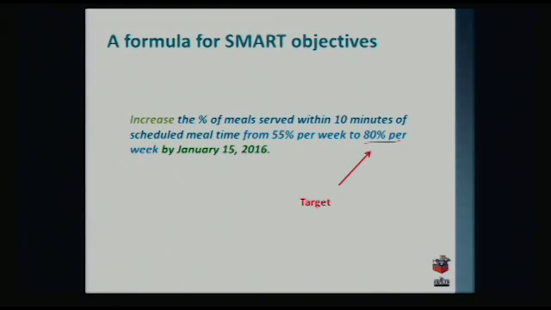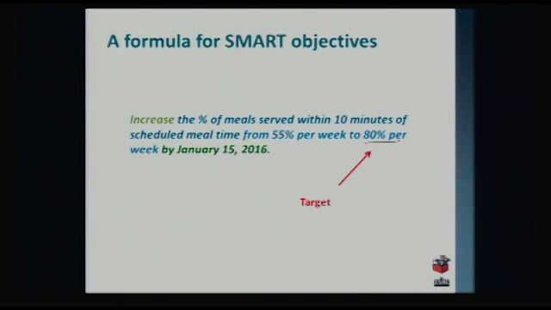And then the baseline. So where did you start? And if you didn't have a baseline, if you're developing new performance measures for your program, then you could use your current, or you could use your first measure. If you have a baseline, that's where you're going to want to put it. So they're starting at 55% per week. And then what's the target? What are they going to?